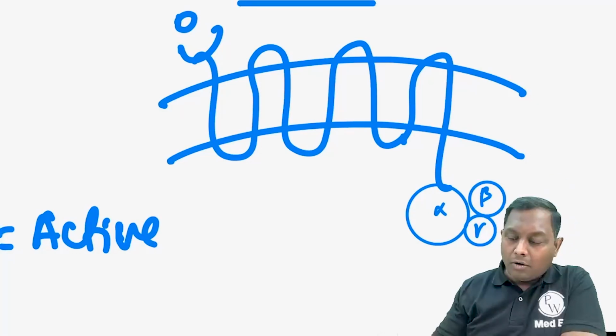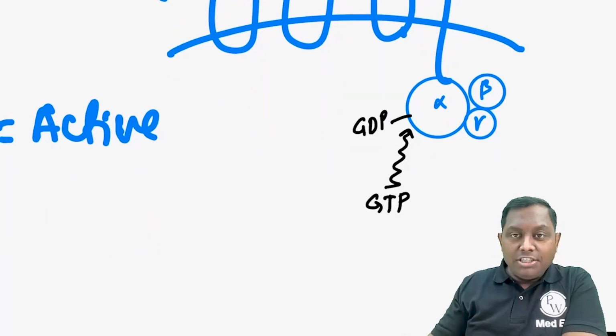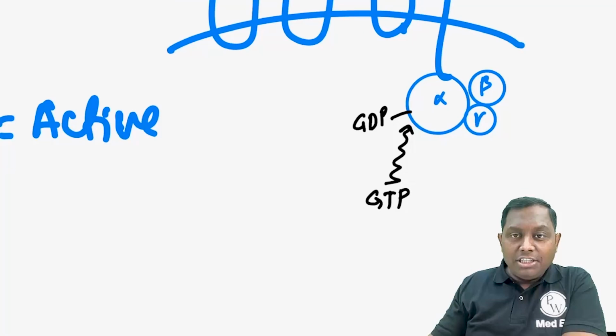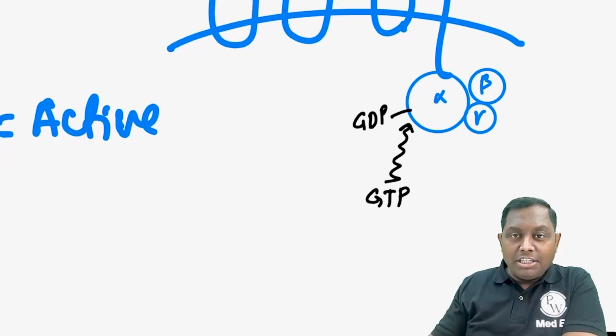Immediately GTP occupies the site of alpha.